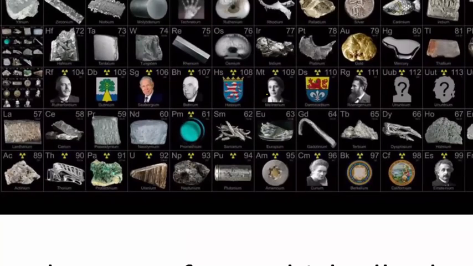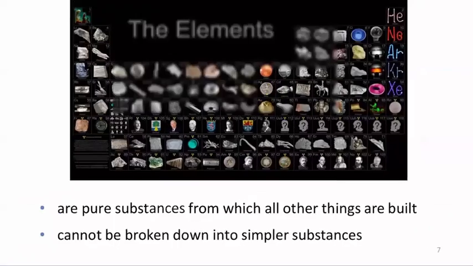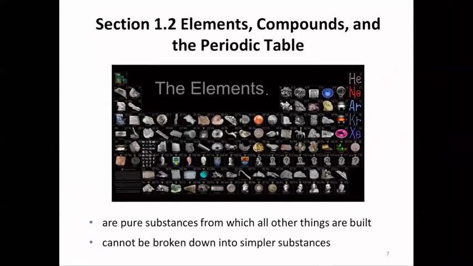Once we get to that point, those elements are radioactive, they're made in the lab, and they're named after people, and so on. As we just discussed, the elements in the periodic table are pure substances, and all of the materials around us to date come from combinations of those elements, okay?